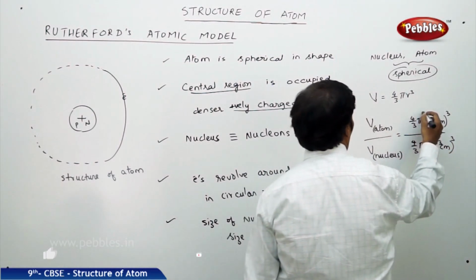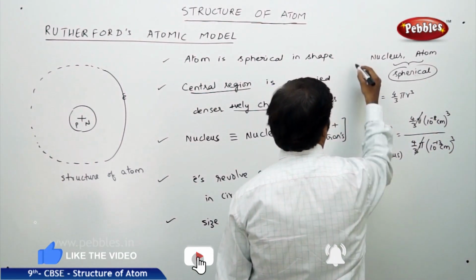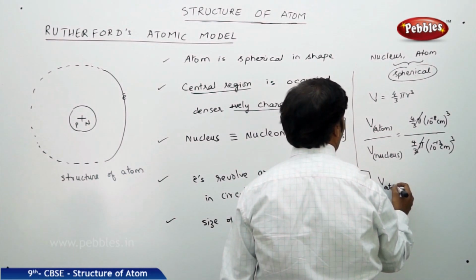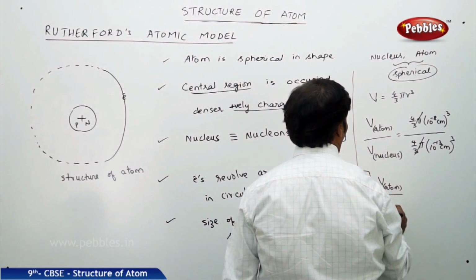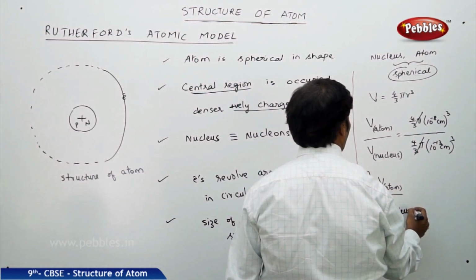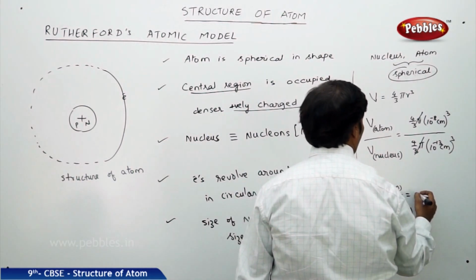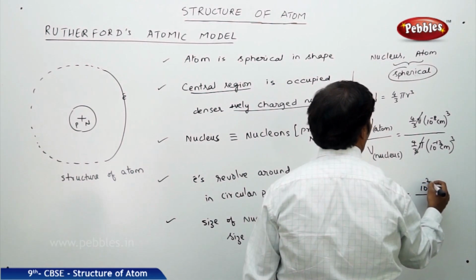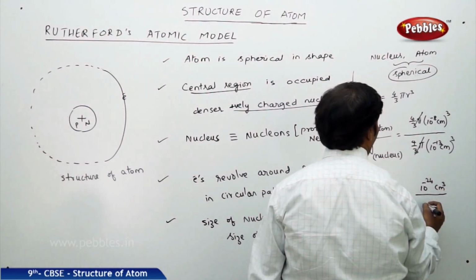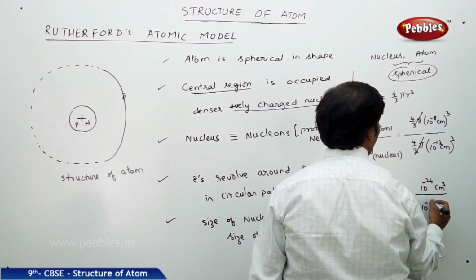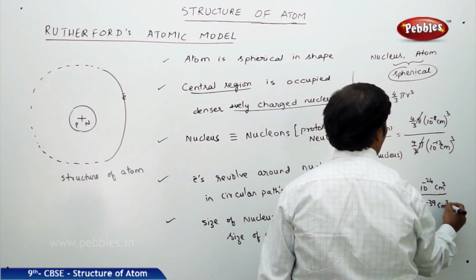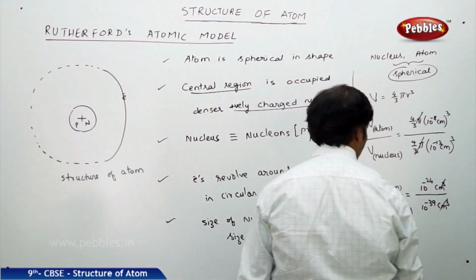So 4/3 of pi gets cancelled. Then the volume of atom divided by the volume of nucleus is equal to 10 to the power of -24 centimeter cube divided by 10 to the power of -39 centimeter cube. The centimeter cube gets cancelled.